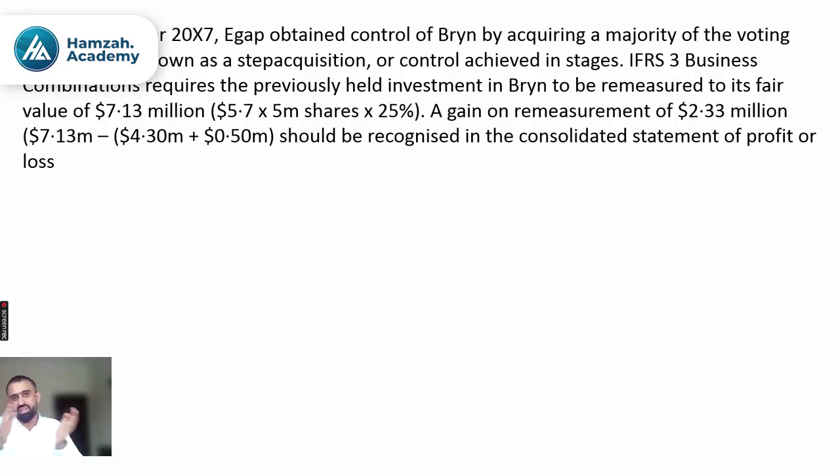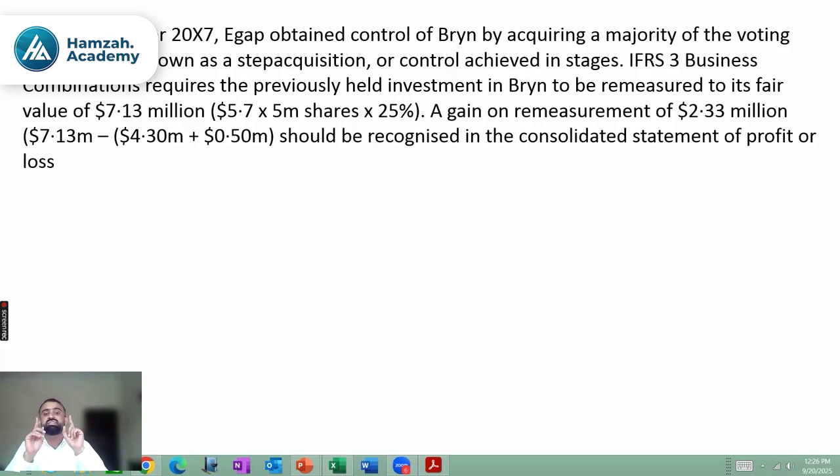So 25% on 1st January X7 and 45% at the year end gives you a total of 70% holding. So at the year end, you have control. And when you have control, that is your subsidiary, and that subsidiary must be consolidated.